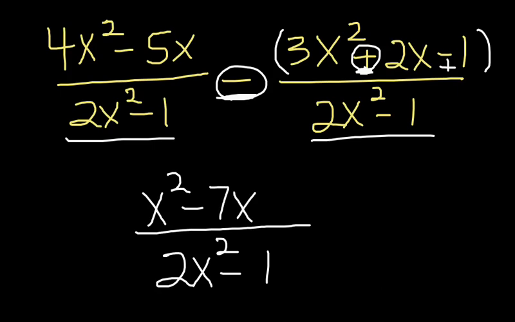And then we have out at the very end the negative 1, which is going to become positive 1. Again, when we apply a negative to a negative, it becomes positive. And there will be our answer, x squared minus 7x plus 1 over 2x squared minus 1.